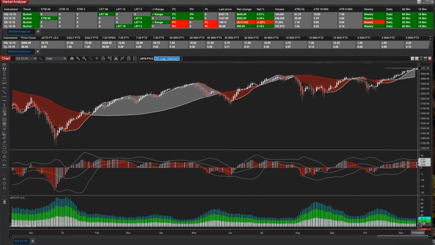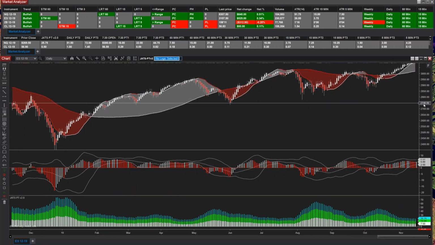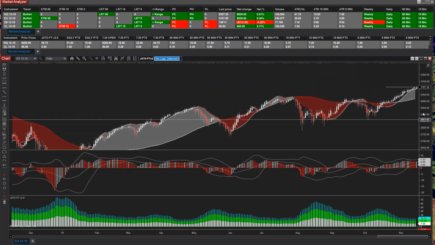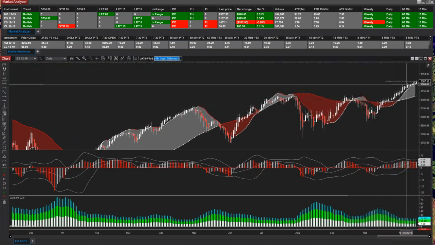So right now our range is still contracting and flat, and our momentum is going in, and we're above zero, but you can see that it was trying to roll over and it got back underneath the 4, but it's still rallying up on this contracting range.